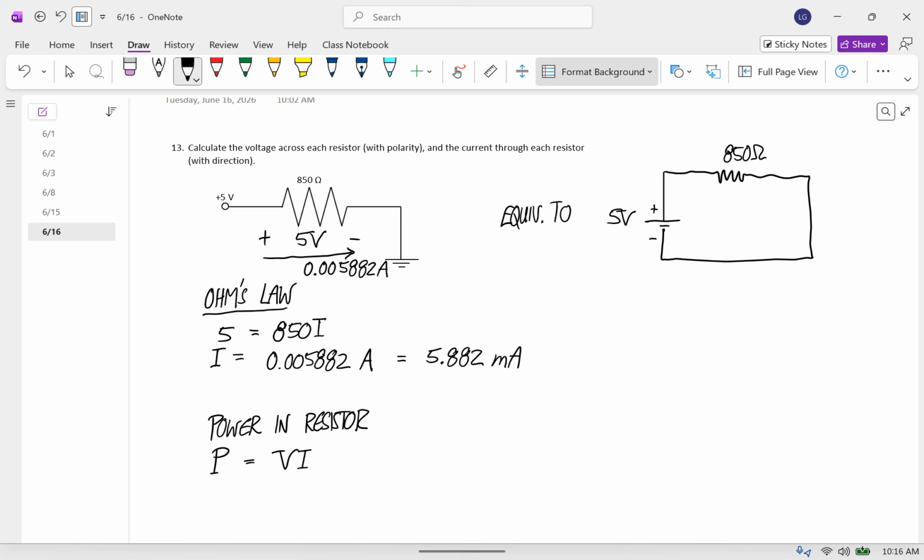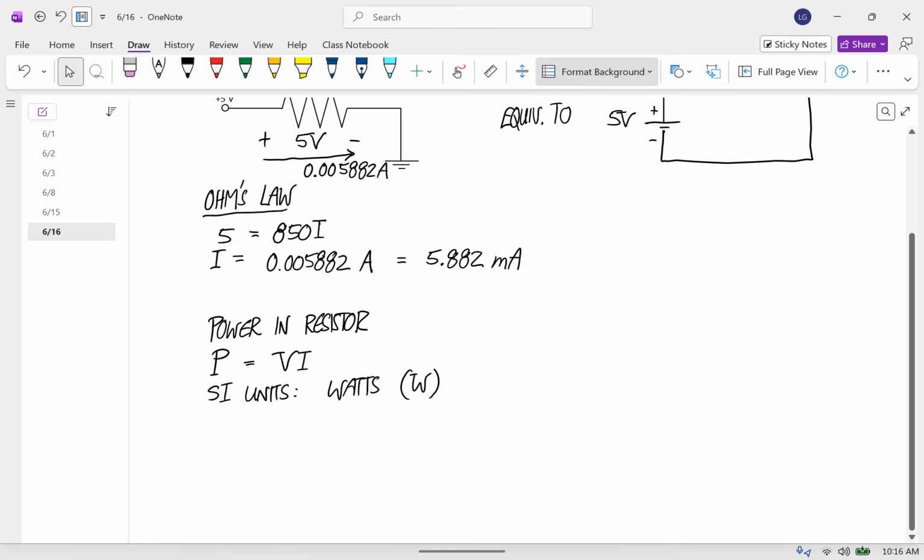Keep these in SI units and it'll give the power in SI units. And the SI unit for power is watts, or capital W.